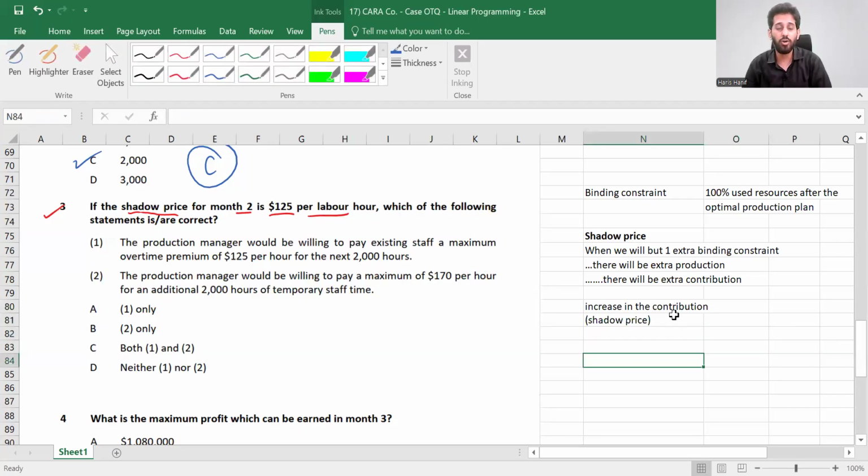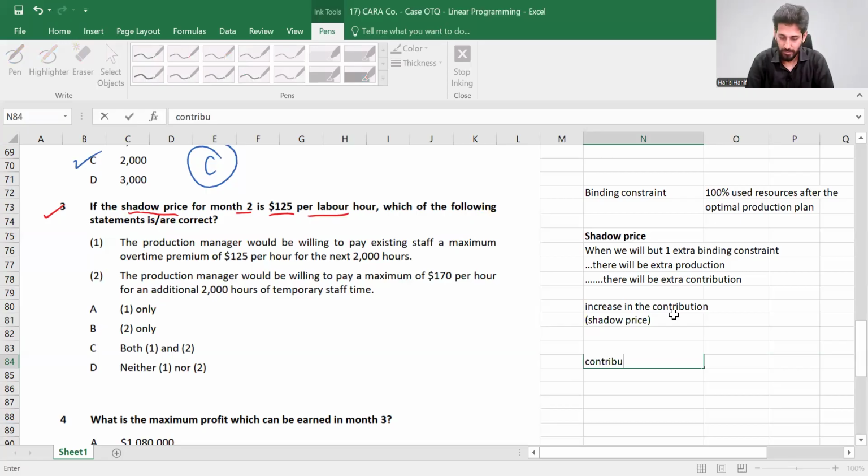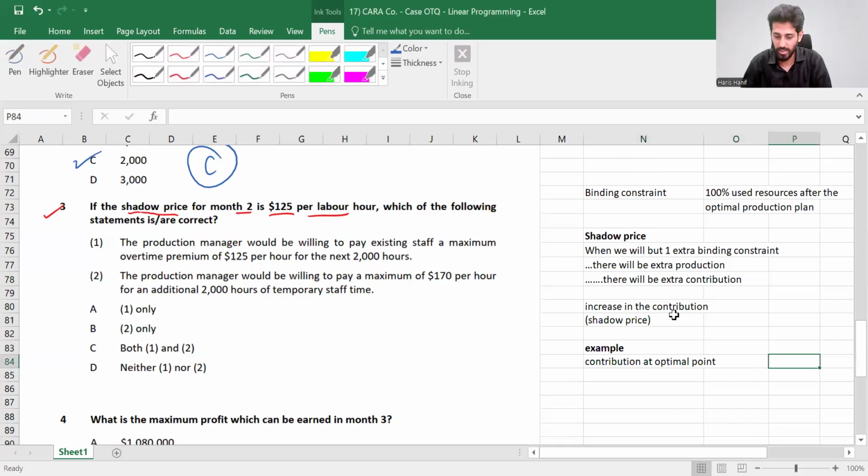Now, what is the increase in the contribution? There is the existing contribution. Just take random figures, for example, contribution at optimal point. Let us say contribution at the optimal point is, let's suppose, $5,000, right?